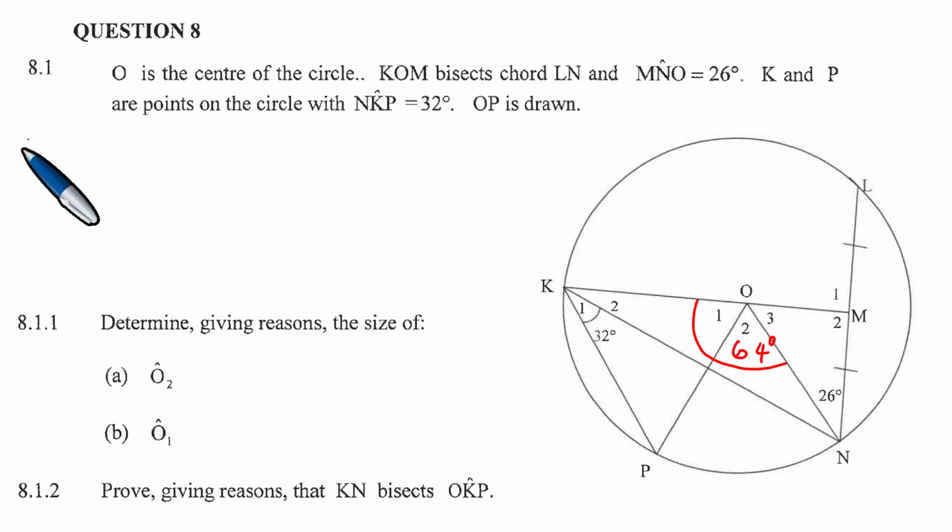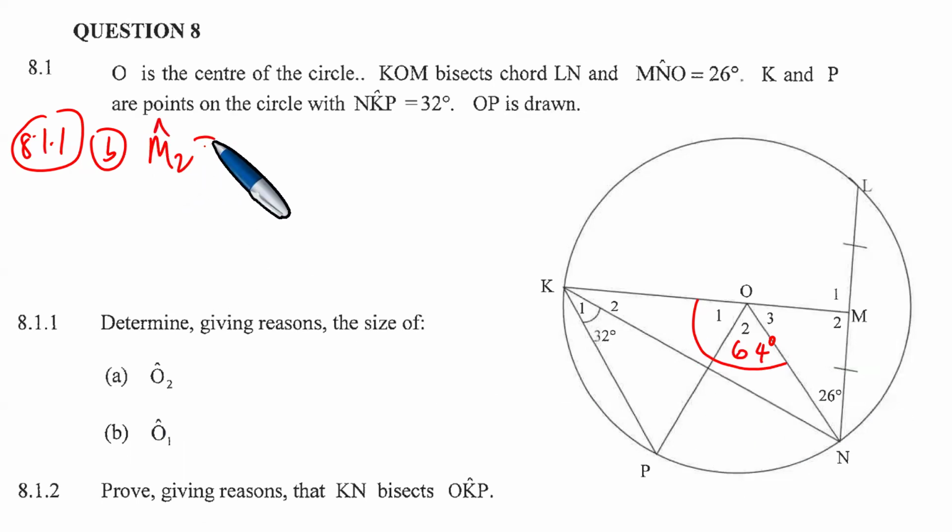Now to deal with question 8.1.1, part B, we are to find the size of the angle O1. We first noted that the angle M2 is equal to 90 degrees. This angle M2 here is equal to 90 degrees.